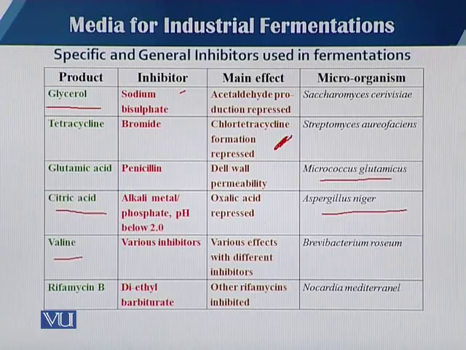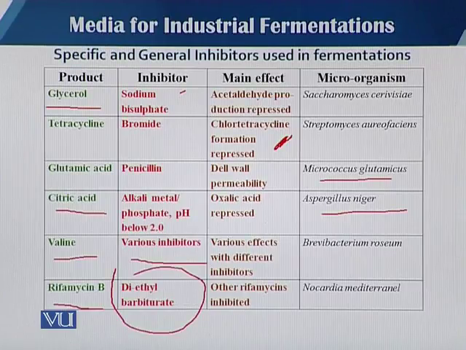In case of valine there are many inhibitors, and you can see here rifamycin B, where diethyl barbiturate is an inhibitor. That is mostly used, and Nocardia is the organism.